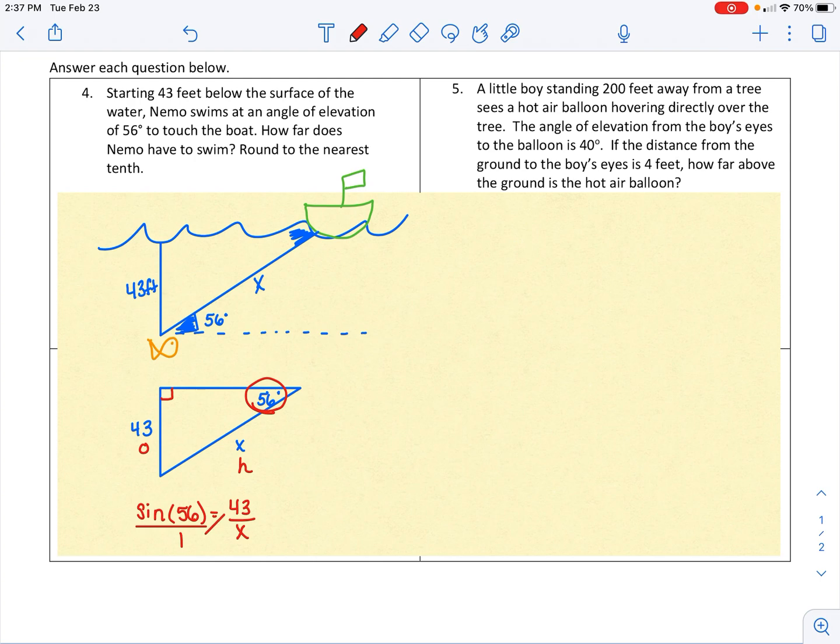So we get 43 times 1 is 43, and then we get X times the sine of 56. Okay, in order to get X by itself, we have to divide that sine of 56 away. So we're gonna go ahead and divide that out.